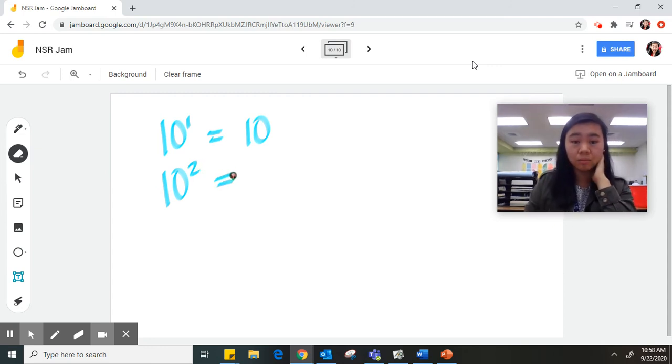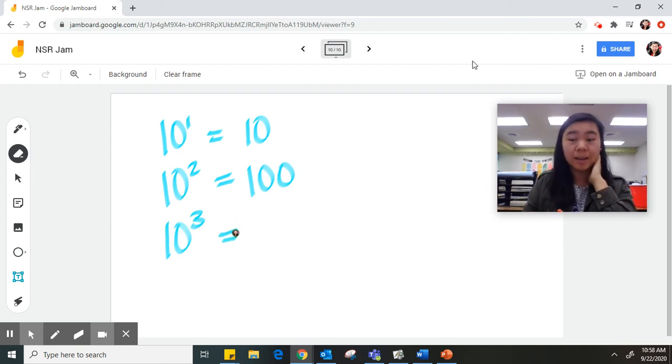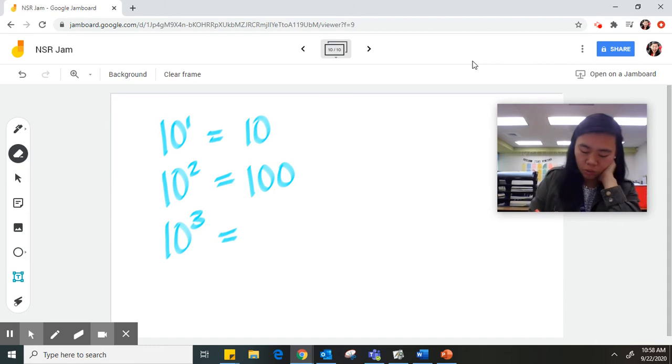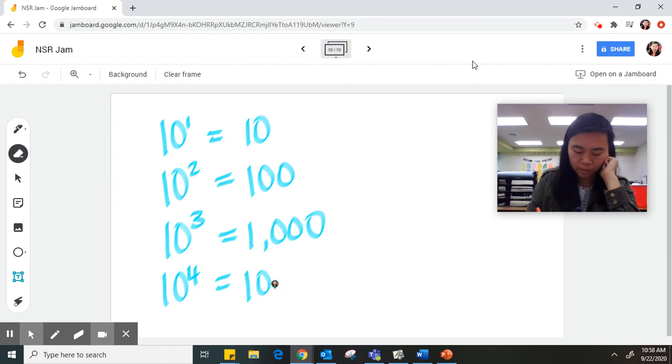It's 10 times 10, which is 100. How about 10 cubed, 10 to the third power? It's 10 times 10 times 10, which is 1,000. Let's do one more, 10 to the fourth power, which is 10 times 10 times 10 times 10, 4 times. That's going to be 10,000.